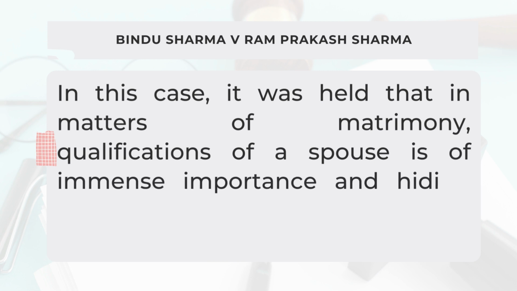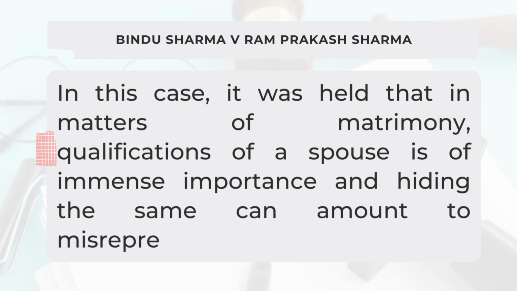So, in this case, the qualification of one party was being hidden, and it was given that he or she has qualified in this particular program, this particular graduation or post graduation. So, the court believed it is one of the important material facts that you have hidden. So, in that hidden part, they believed it is a case of misrepresentation.